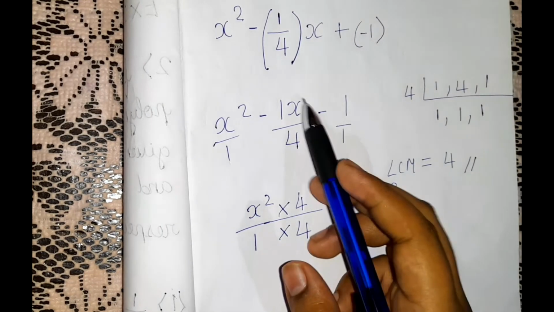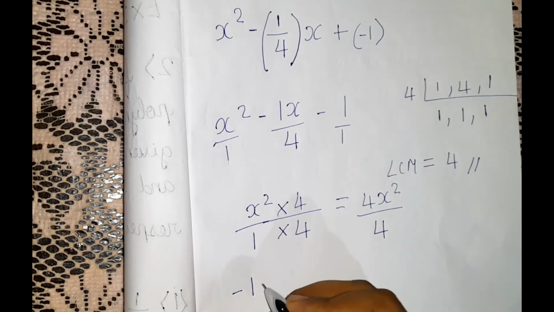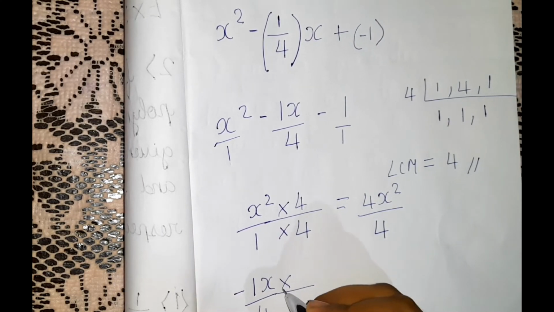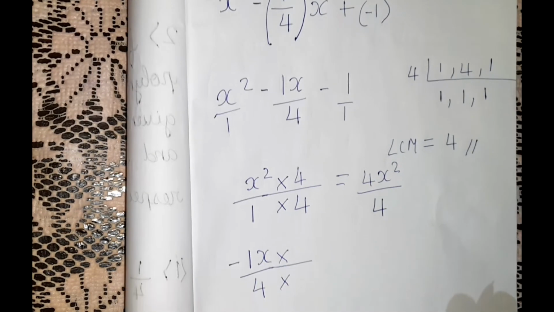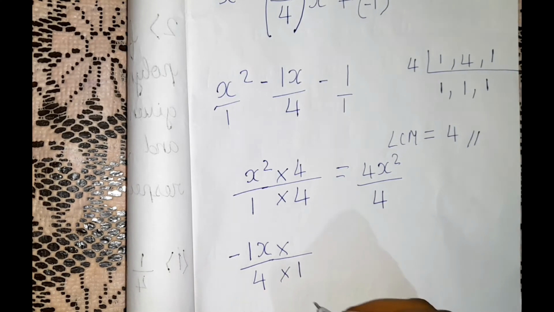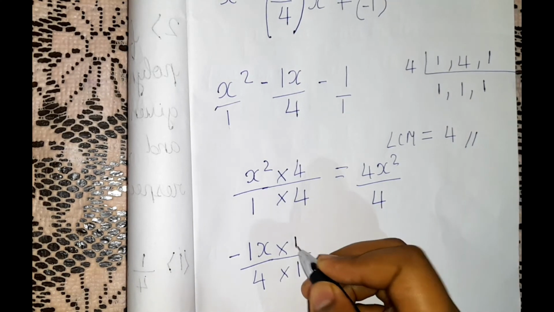Now let us do the next fraction form, that is minus 1x divided by 4. Here also somehow we should get the denominator as 4. Already we have 4, that means we shall write 1 right over here. Why? Because 1 4s are 4, so the denominator is 4, and here also we shall multiply it with 1. Why?